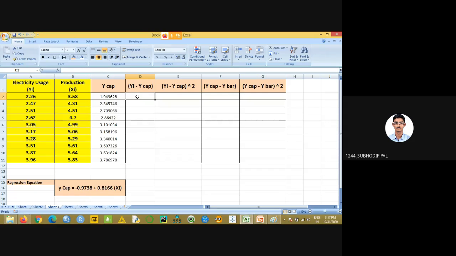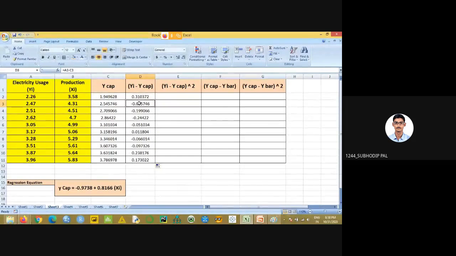So next is yi minus y cap. We have to find it. This is the yi value, all the values of yi. So I'll do yi minus this y cap value, enter, and simply drag it.